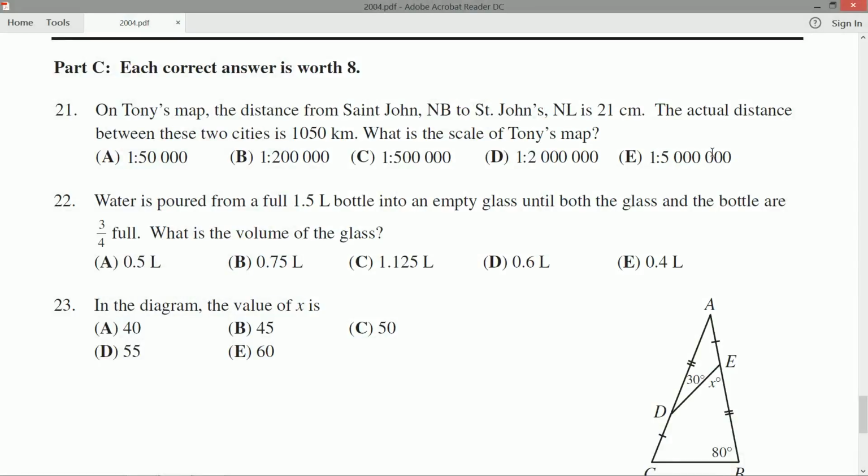Okay. So, the scale of the map is sort of the ratio between how big it appears on the map and how big it is actually in real life. So, we want to form the ratio between 1,050 kilometers to 21 centimeters. Now, this can be a bit tricky if you're not careful because one is expressed in one unit, kilometers, the other is expressed in centimeters. And so to form a true ratio, they both need to be expressed in the same units.